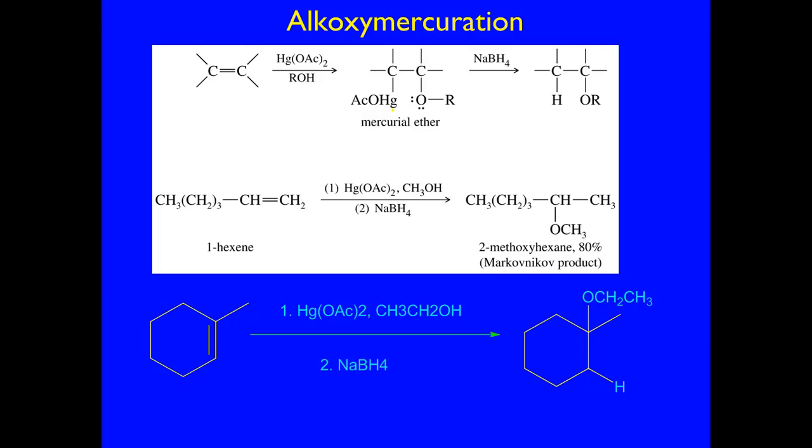The other way of making ethers is alkoxymercuration. This is oxymercuration. You did oxymercuration in Chem 251 again, where instead of methanol you used water. So you got an alcohol there, right? So instead of using water, if I use methanol, I get a methoxy group. As a result, I can make an ether.